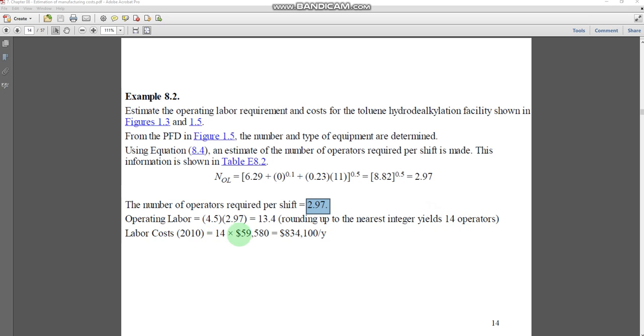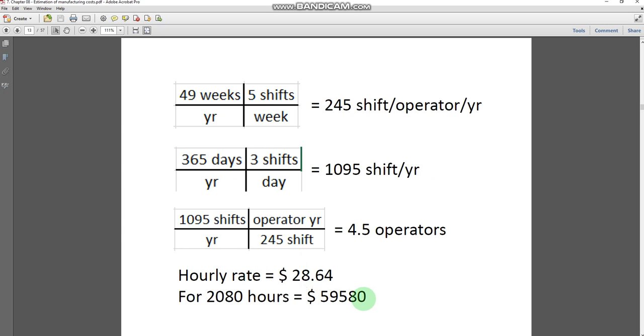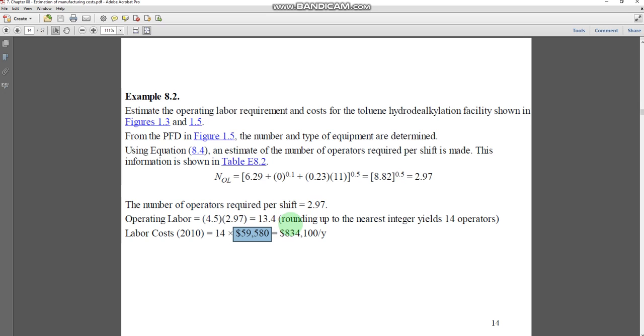Then you multiply 14 by the salary for one person per year, which is $59,580. That comes out to be $834,100 per year. This is according to the labor cost for the year 2010.